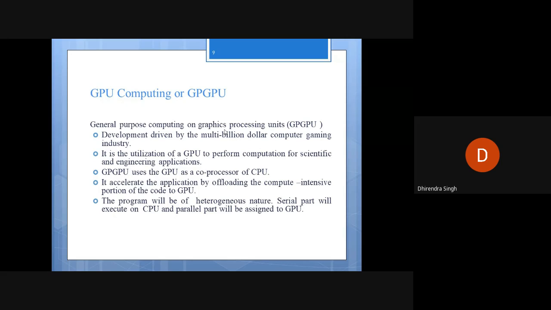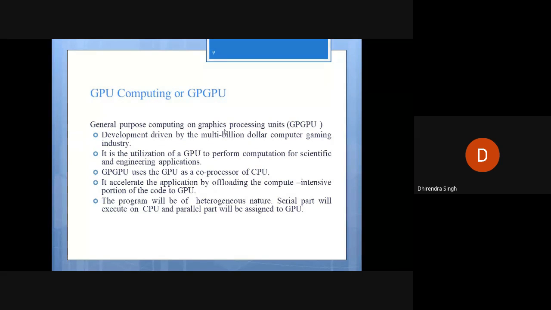But that was a tricky job, because at that time there were no GPU compute engines available. Today we have the CUDA and OpenCL GPU compute libraries with the help of which we can easily write parallel code and assign it to the GPU.